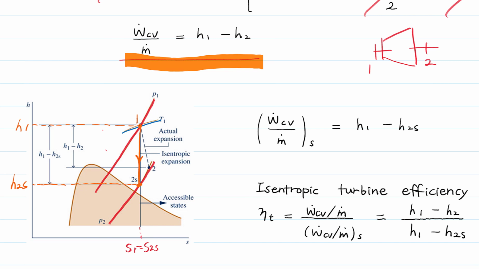The actual process has greater entropy at the same exit pressure due to the irreversibilities. So H2 is the enthalpy value at the exit for the actual process. State 2 for the actual process is here, and the entropy here is S2. So S2 is greater than S2s.